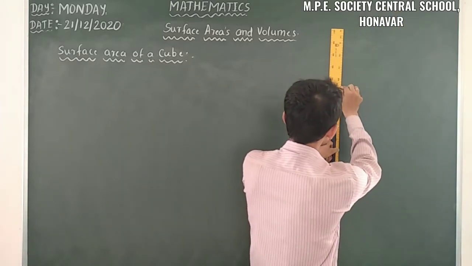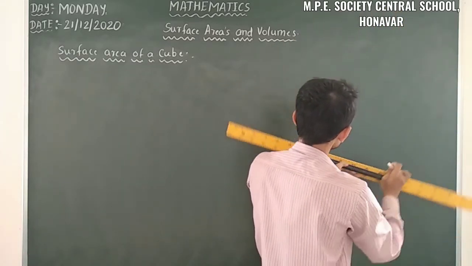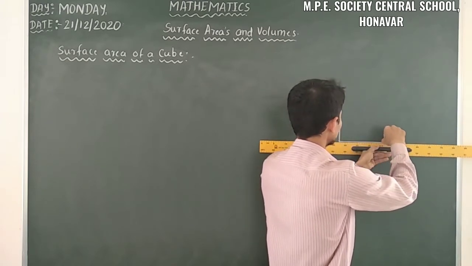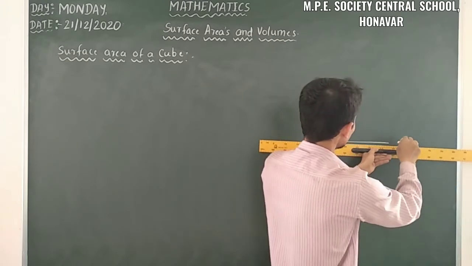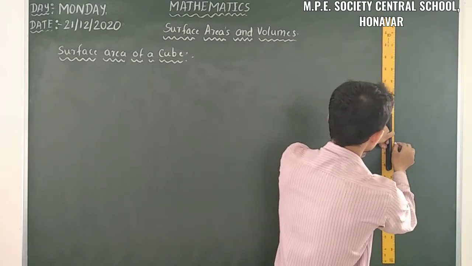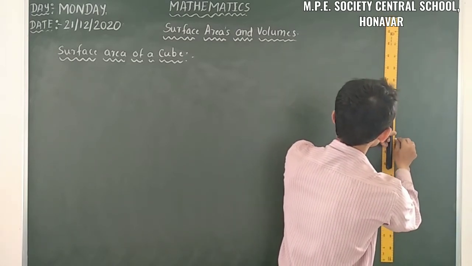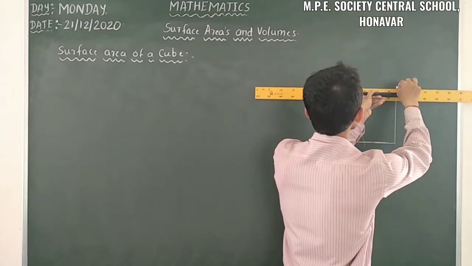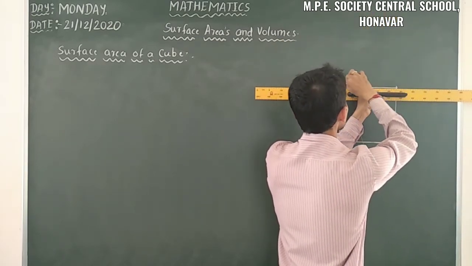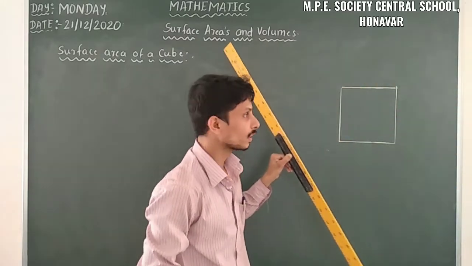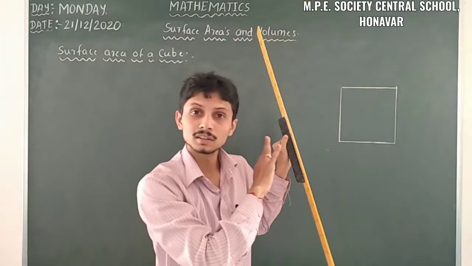Here we have to draw a square first. The same procedure we have to follow here also. That one we already did in the case of cuboid. There we constructed a rectangle, but here we have to take the square.